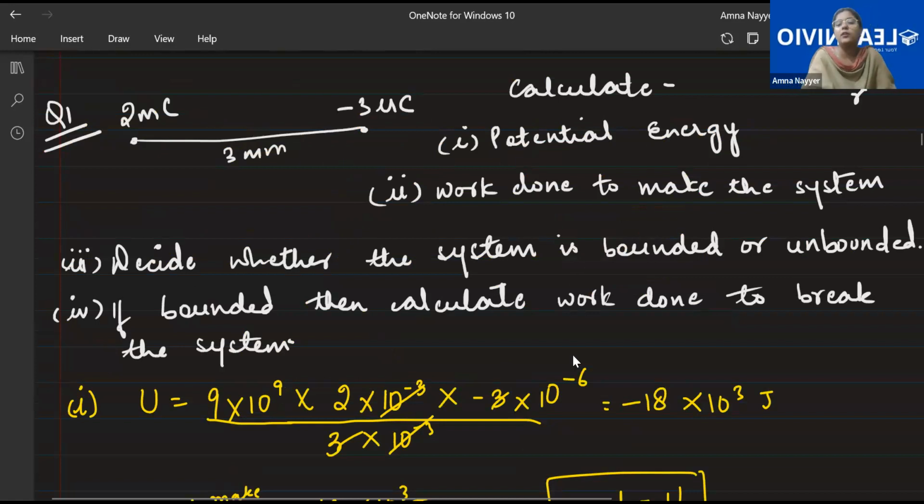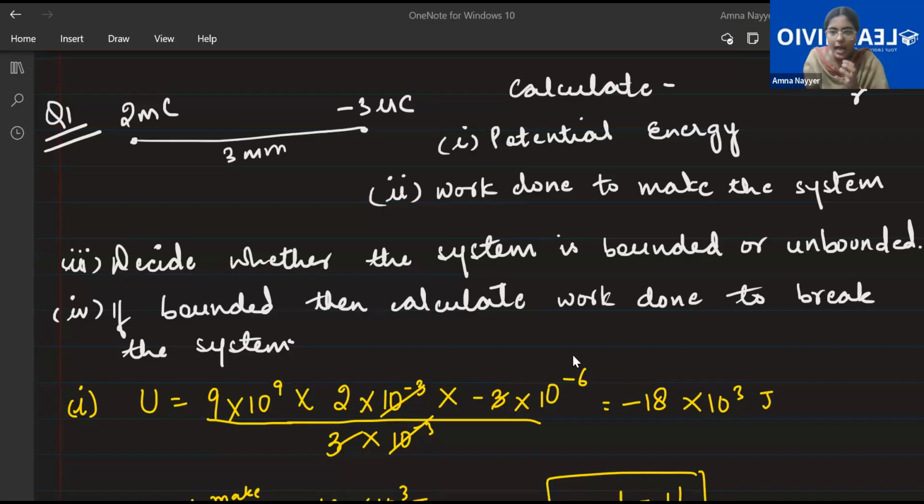Last one. Work done to break the system means whatever energy was required to bring each and every charge, you are making your system. What we have studied: work done to break it means you are reversing it, bringing the charges back to infinity. So instead of calculating this, it's best you take negative of work done to make the system.